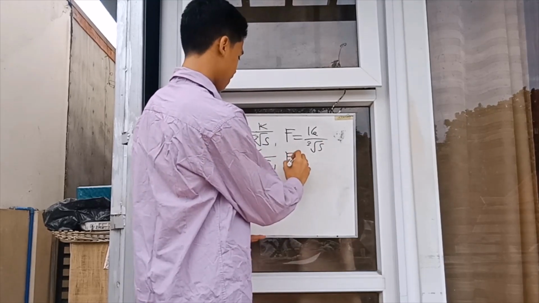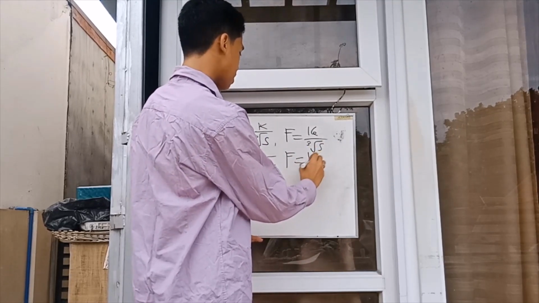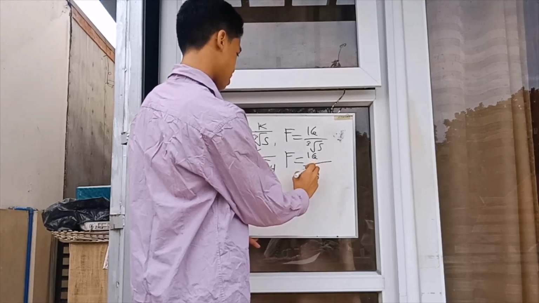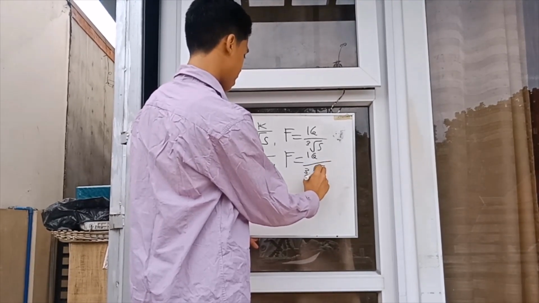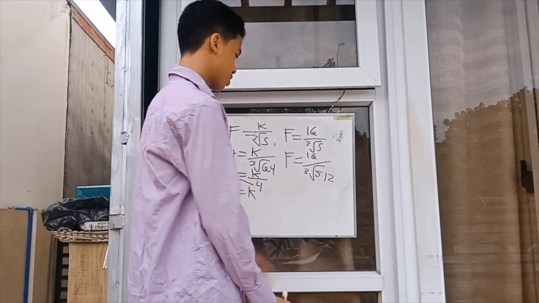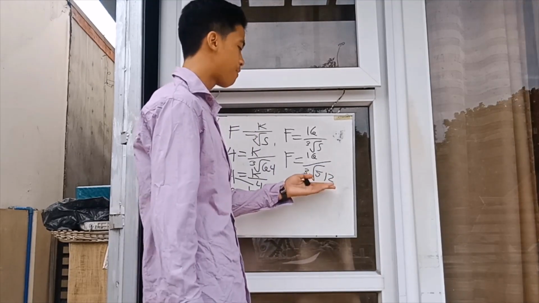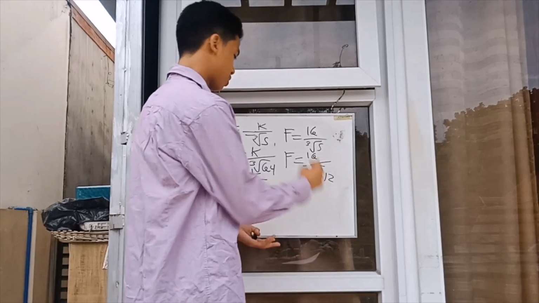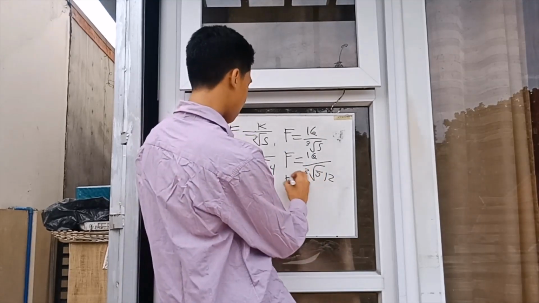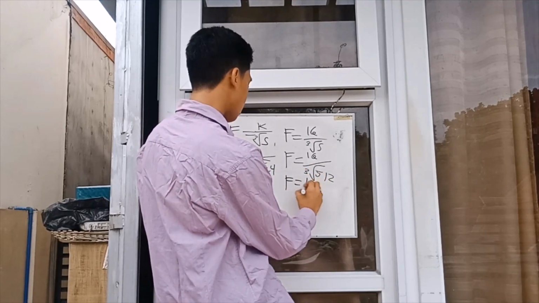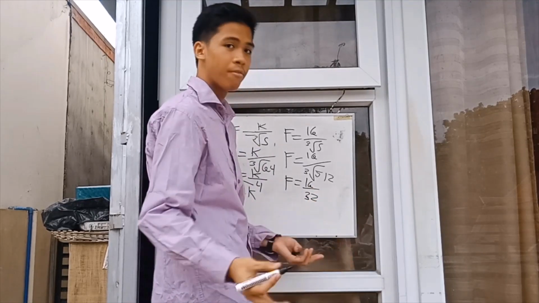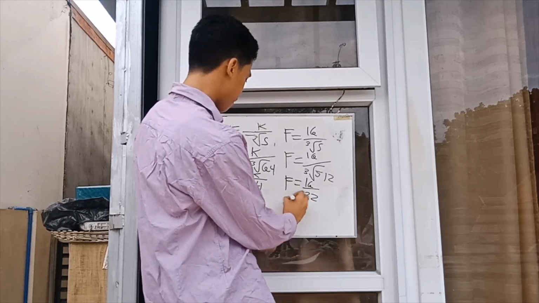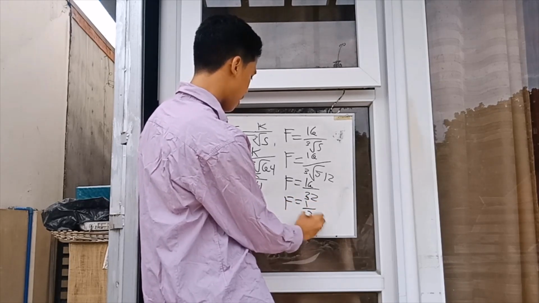So, f is equal to 16 over the cube root of 512. The cube root of 512 is 8. So, f is equal to 16 over 8. Then, simplify. f is equal to 2.